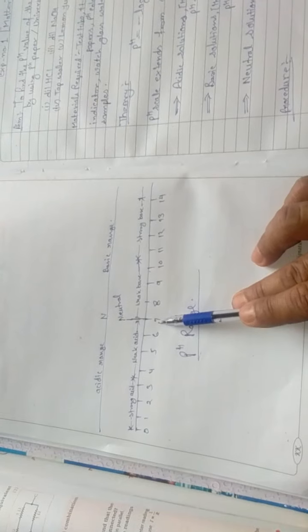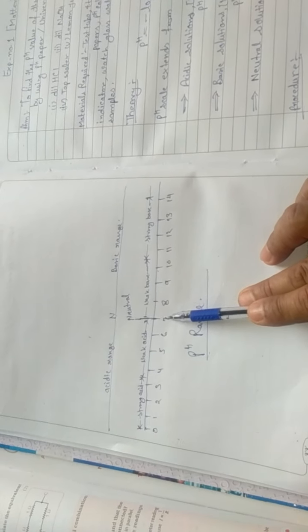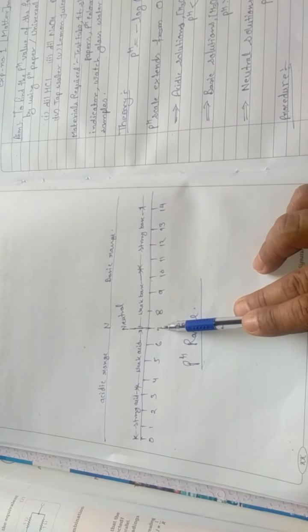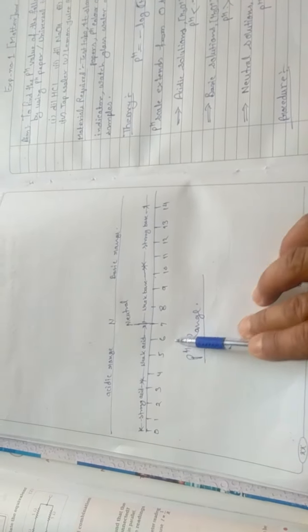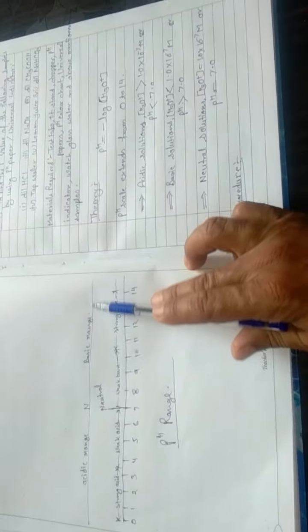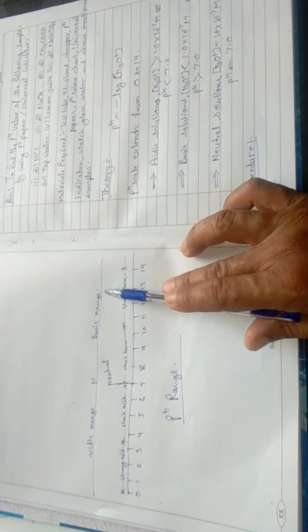If any substance shows pH value 7, it is neutral, such as our distilled water. Below 7 is the acidic range, and between 7 and 14 there is the basic range.